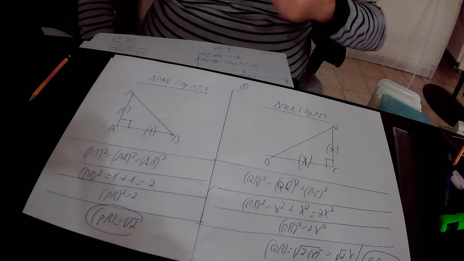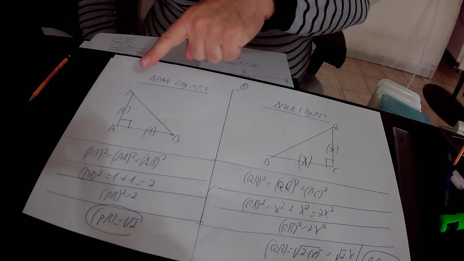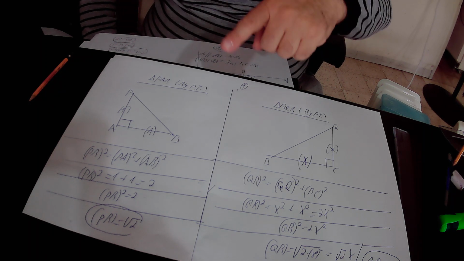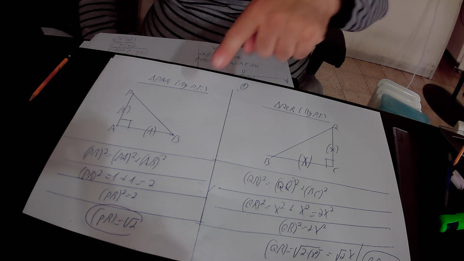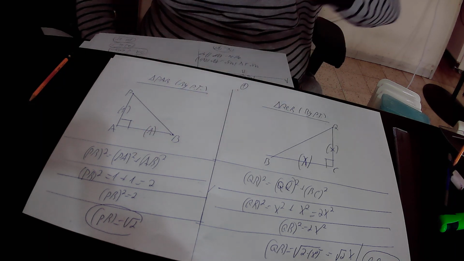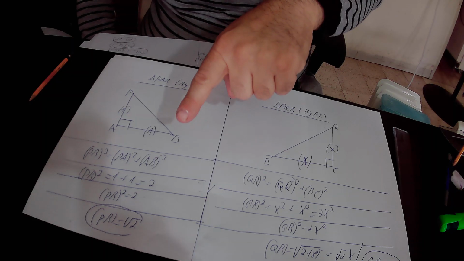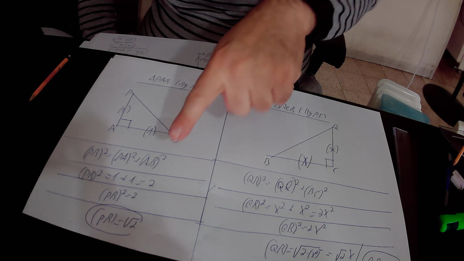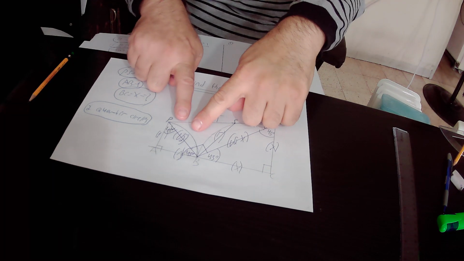So PB square, the square of the hypotenuse, equals PA square. PA is 1, therefore PA square is 1 square, that is 1, plus AB square. AB is 1, therefore AB square is also 1. So in total PB square is 1 plus 1, that is 2. So PB square equals 2. We took the root of this equation and finally found that the length of the hypotenuse PB equals the square root of 2. So we can write down here that PB equals the square root of 2 units in length.